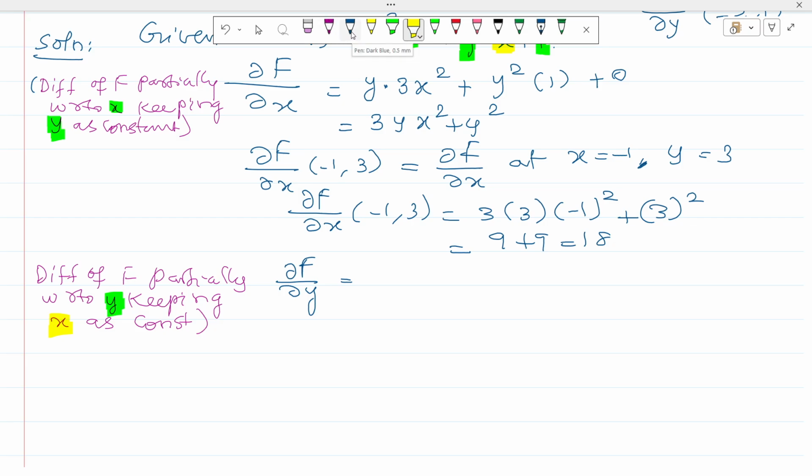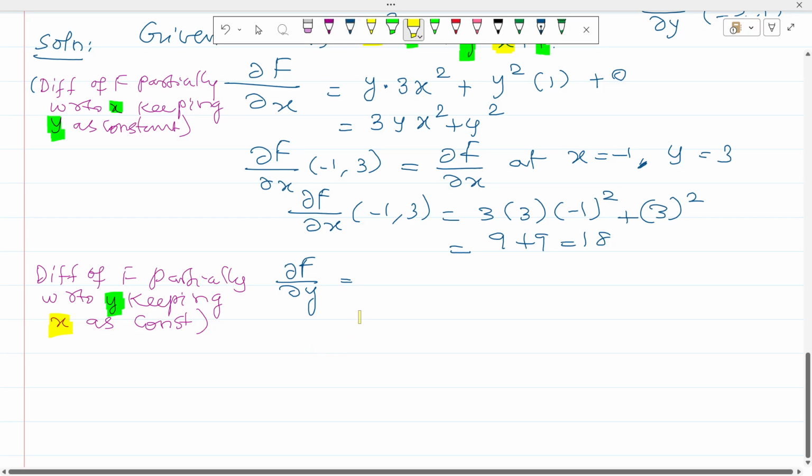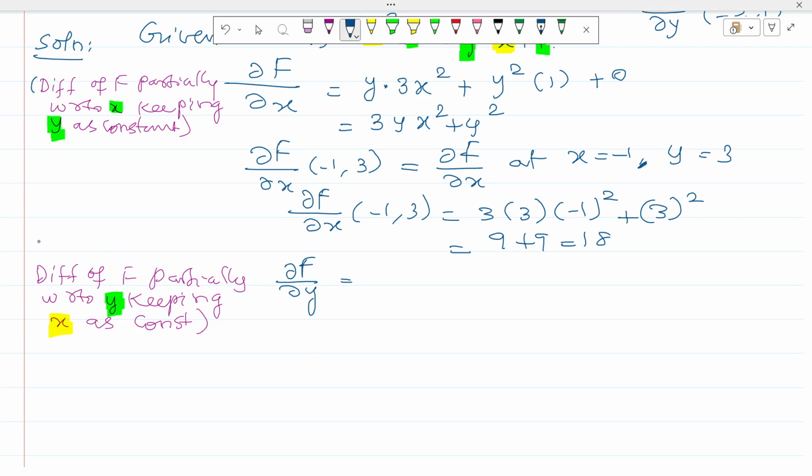So therefore, we can write here dou f by dou y. What is f here? f is x cube y plus y square x plus 7. So based on this, what are the variables? y is the variable.